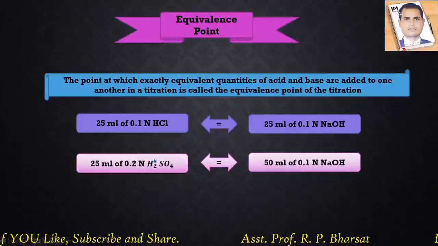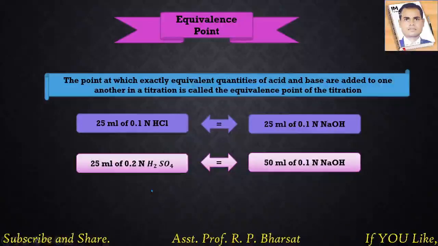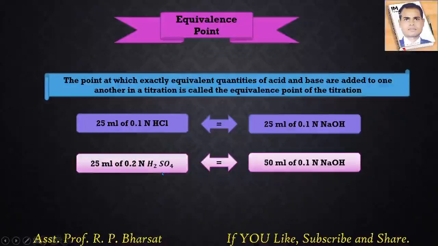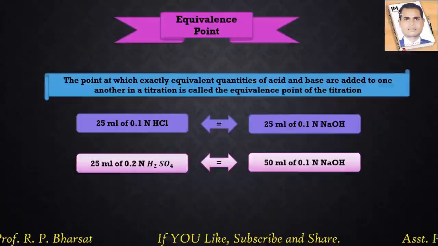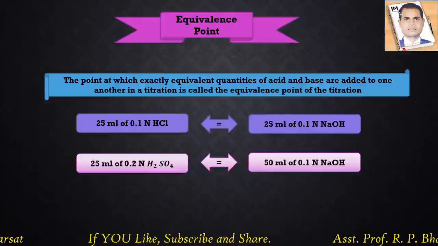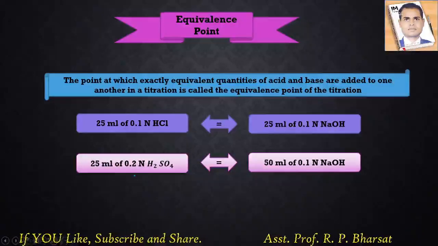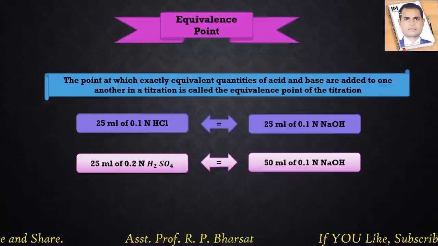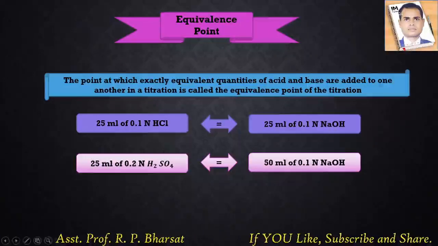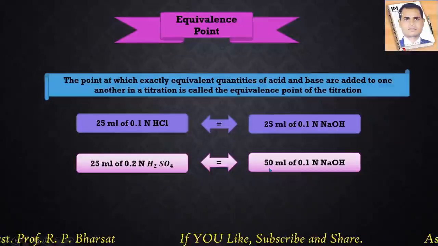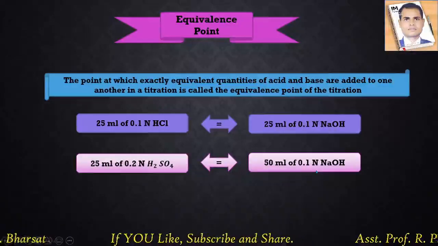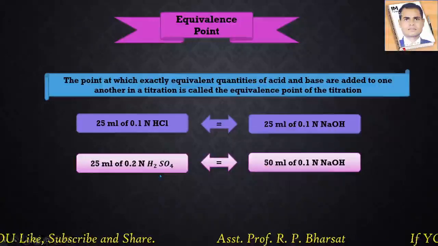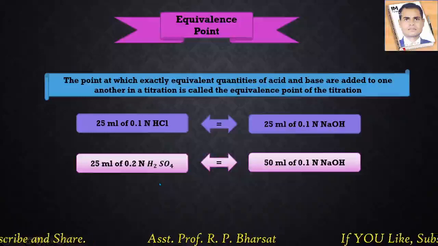In this case, H2SO4 has a different strength as compared to HCl, and the concentration also changes. That is why, to neutralize 50 ml of 0.1 normal NaOH, 25 ml of 0.2 normal H2SO4 is required.